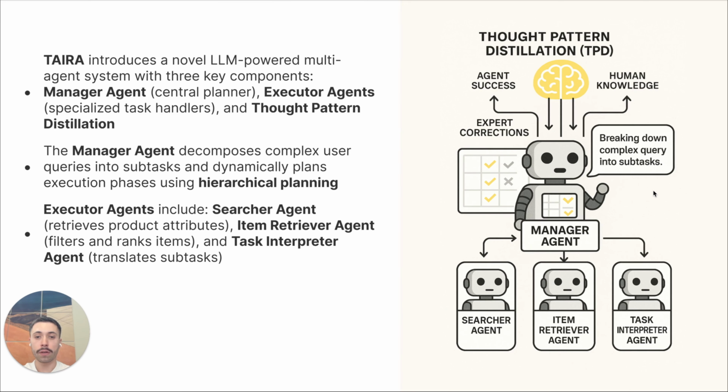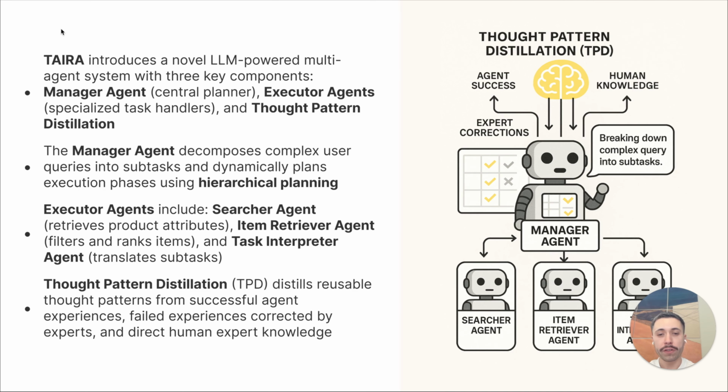Executor agents include the searcher agent for retrieving product attributes, item retriever agent for filtering and ranking, and task interpreter agent for translating subtasks. Thought pattern distillation, for simplicity TPD, captures reliable thought patterns from successful agent experiences as well as the failed ones that were corrected by experts, and direct human expert knowledge.